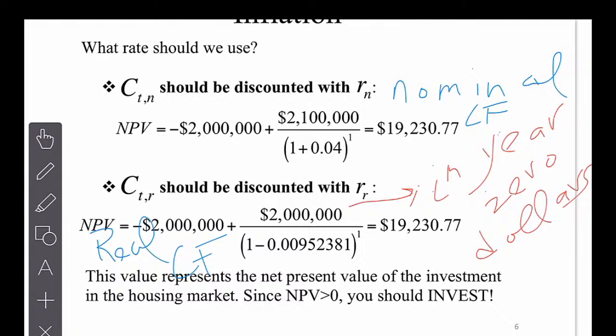So it's real because it's the same thing as the iPad example I explained. To buy an iPad today, I need $1,000. If someone promises me real income to buy a brand new one every year, then they're going to have to give me more in actual dollars, nominal dollars, next year.